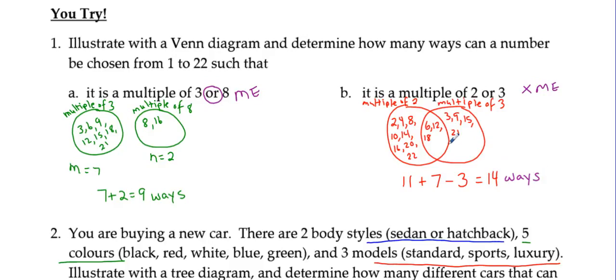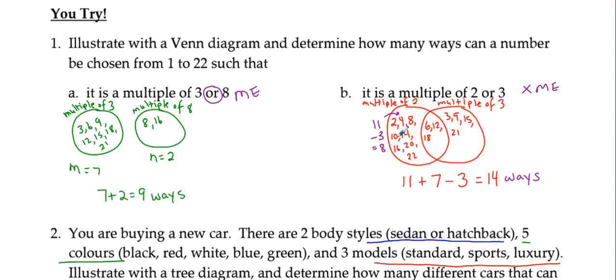Another way that this question could be answered, if you look at this Venn diagram here, there were 11 different multiples of 2, but in this section right here, if you take 11 and subtract these 3, you get 8.